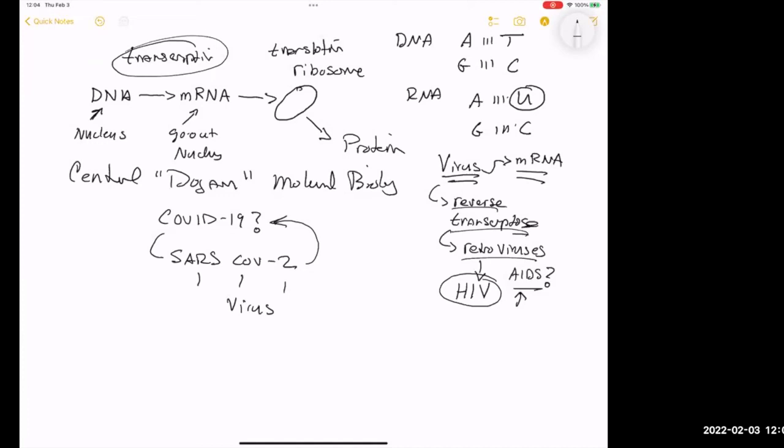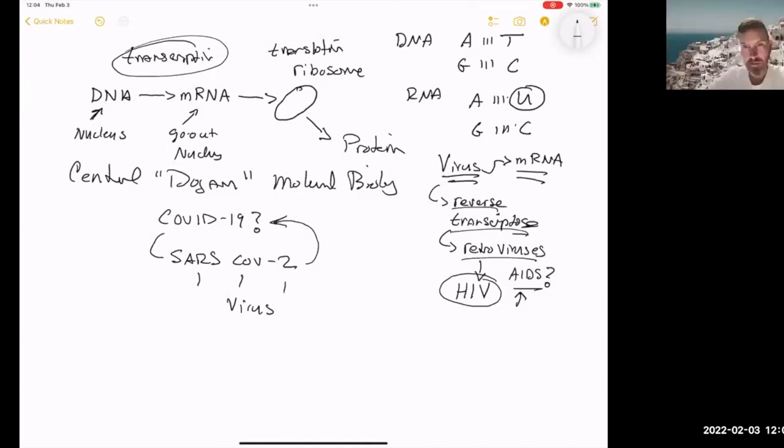Yes, go ahead. Sorry to go back a little bit, but when going back to the retrovirus, what's that called? The reverse trans what? Reverse transcriptase. Yes, that is the enzyme that these retroviruses contain, and that enzyme allows the messenger RNA within the retrovirus to be converted into DNA, and then it gets inserted into the DNA of your cells.